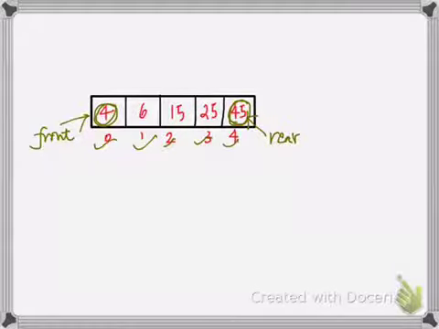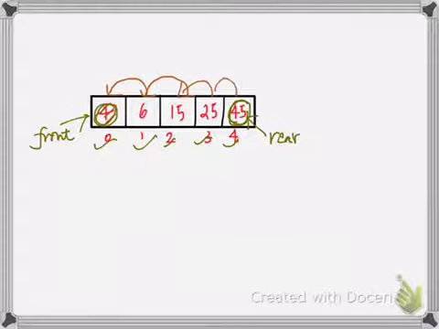But what happens after deleting the first item? Say after deleting 4, as in a normal queue that we see in our normal life, the second person in the queue will shift to the position where the first person was initially, and the third person will shift to the position where the second person was initially.